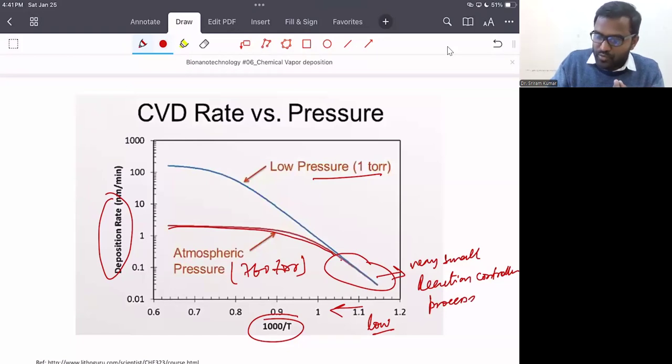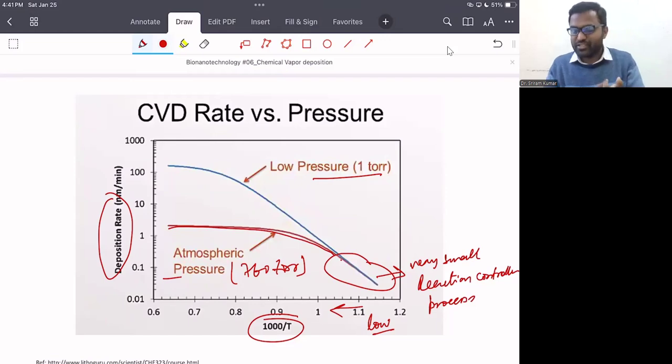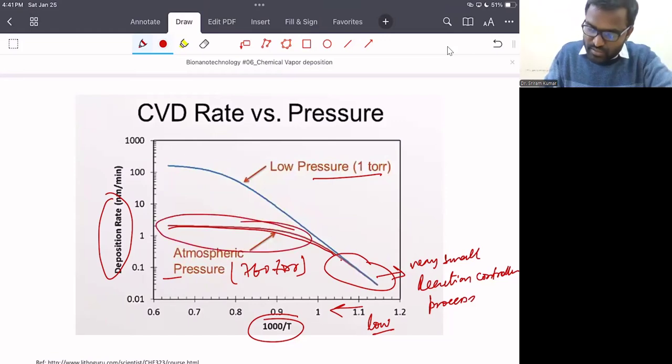So for the atmospheric pressure, we have a very small range of reaction control process, and after that there is a change into the diffusion control. So this range is for the diffusion control process, right?